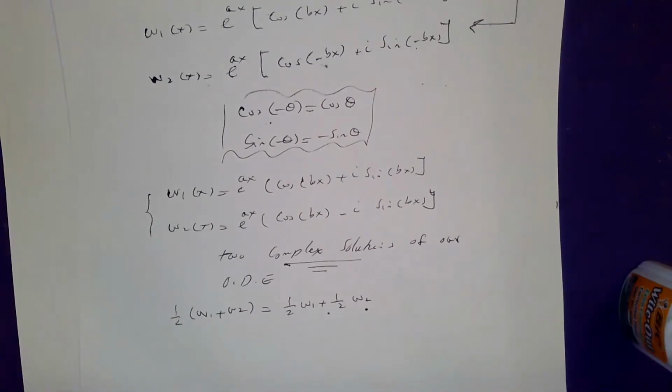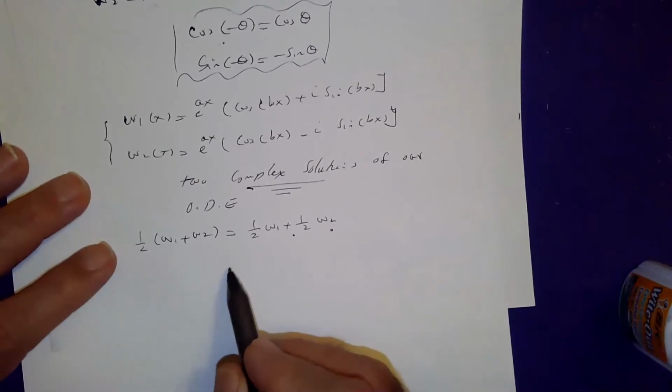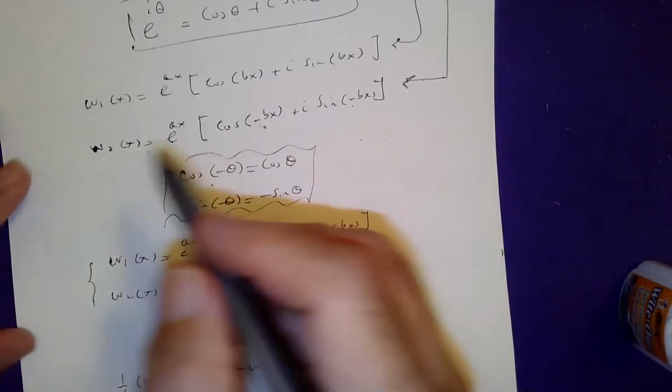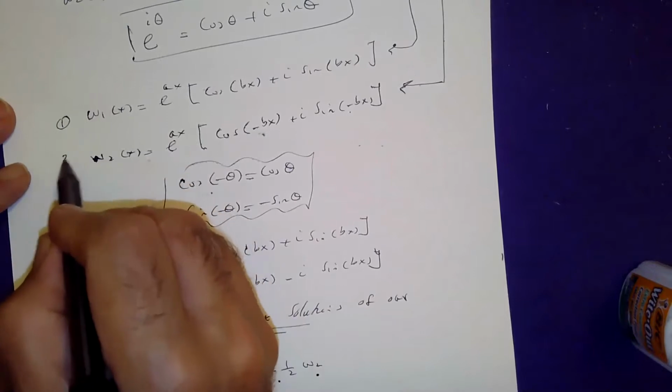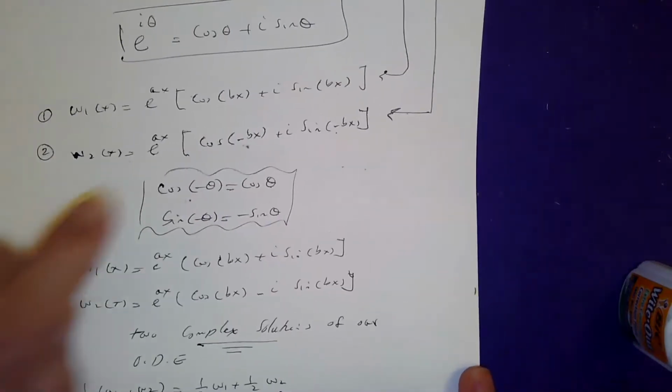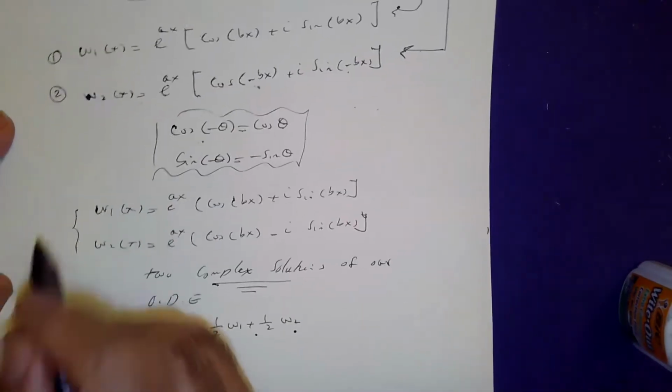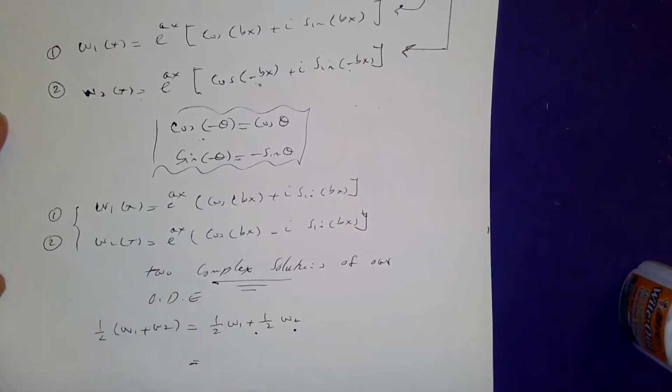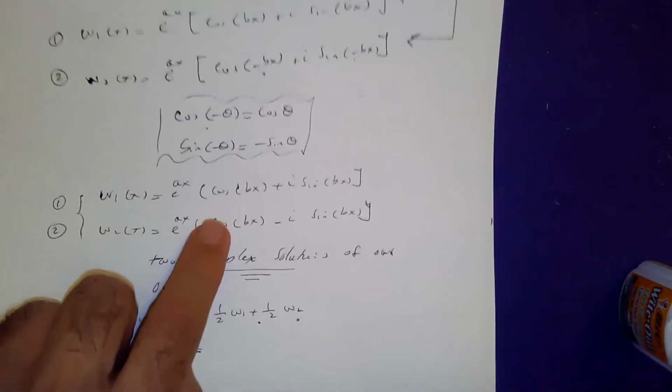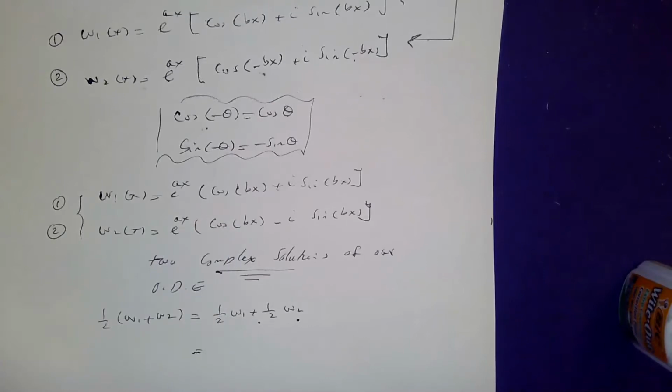Does anyone see why? Because when you add these two equations, let's call them equation 1 and 2, what do we get? What cancels and what stays? Do you all see it? Anyone?